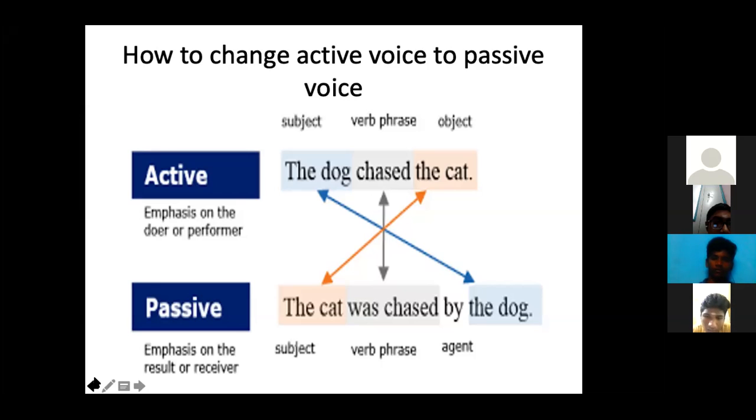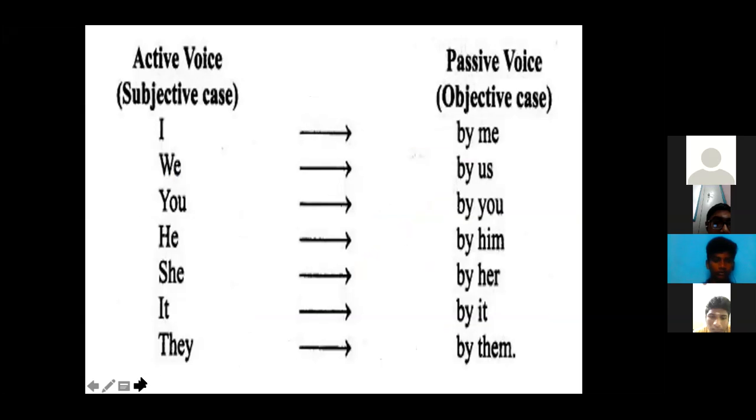So you just have got enough time for recalling, that is active to passive. So active voice emphasis is on the doer or performer. Passive voice emphasis is on the result or receiver. Okay. Again, how these are changed.